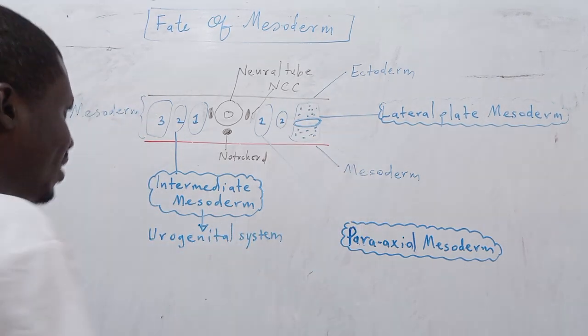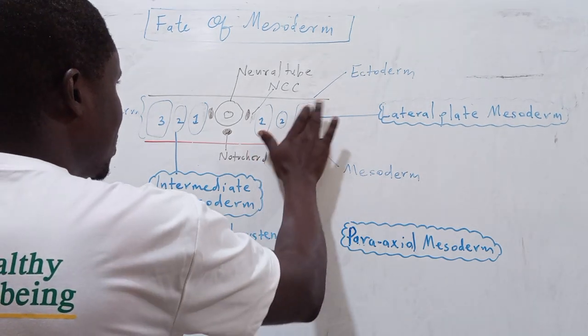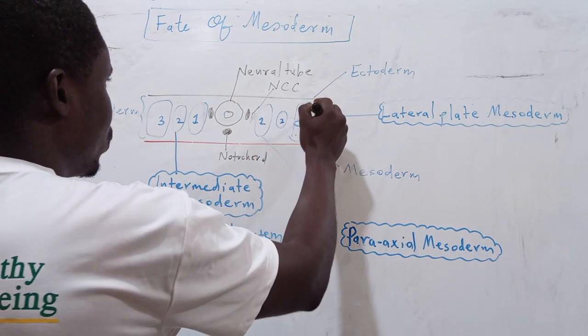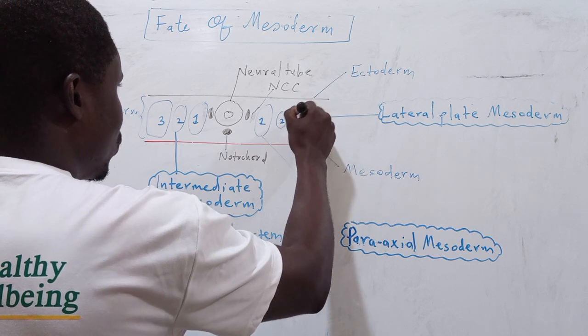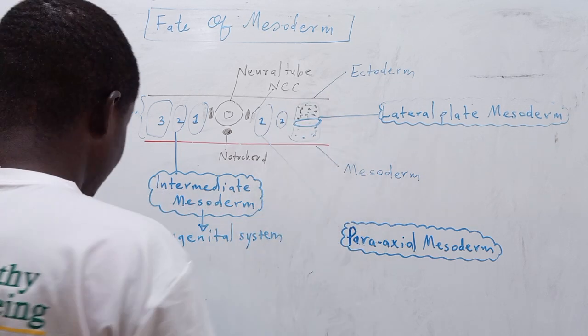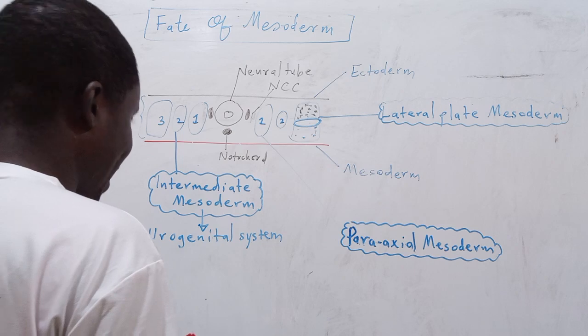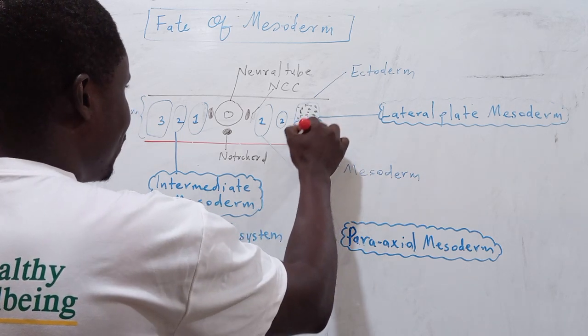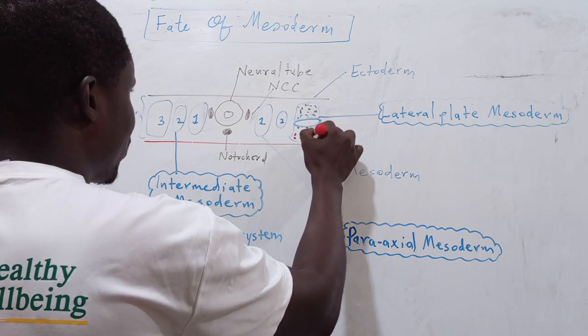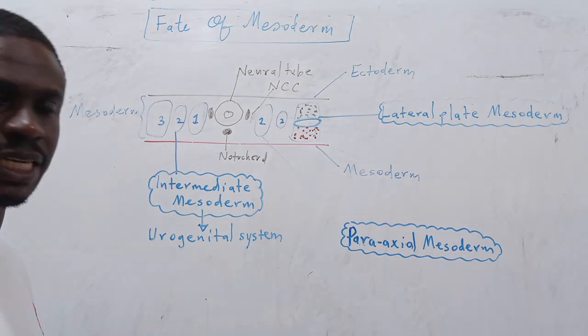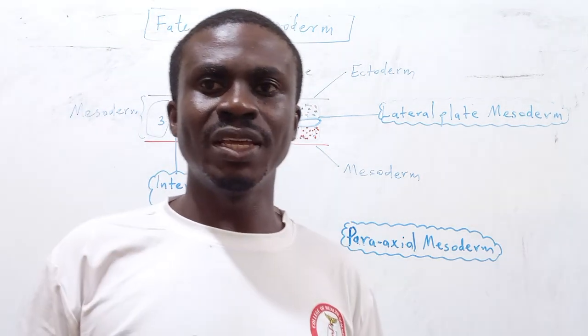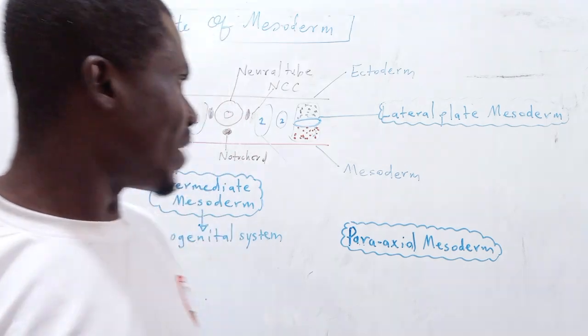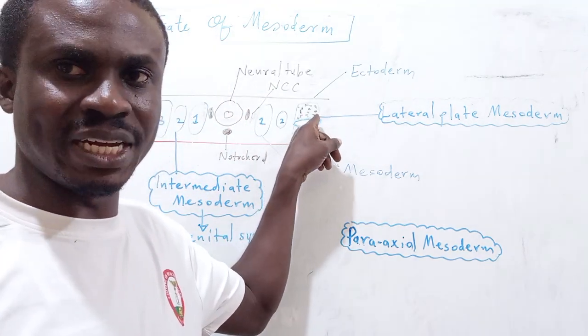let me use black to show what is over here, and then the red for this guy. So this lateral plate mesoderm gets differentiated into 2. That's what I want you to know, by the presence of a cavity, and that's a coelom within it.